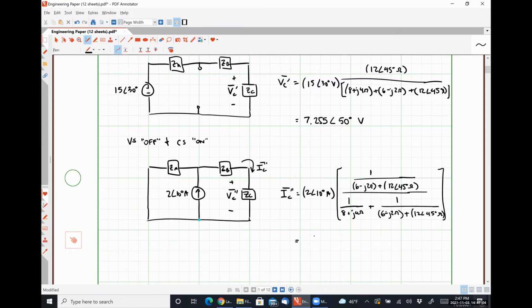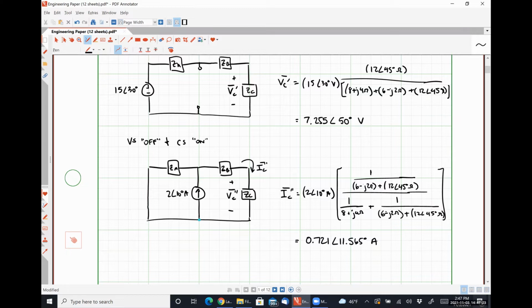So if I did my math correctly, you should get 0.721 with an angle of 11.565 degrees. Anybody else get that?